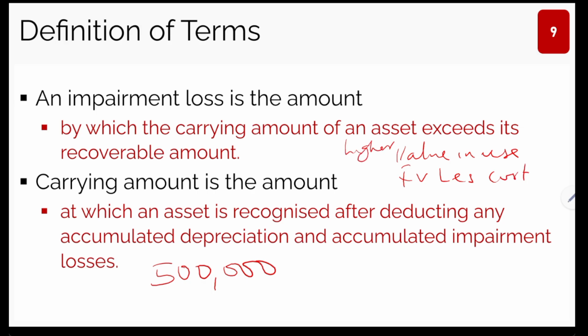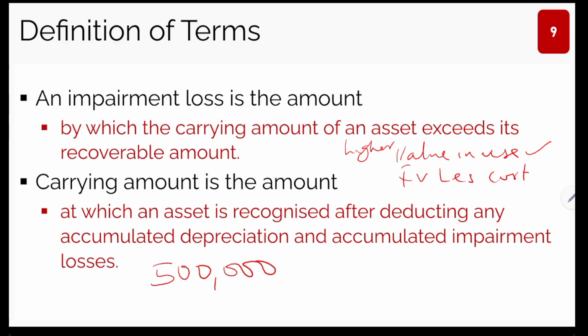Value in use talks about the future cash flows that will be generated from that asset, so you discount the present value of that future cash flow. That's the value in use. Literally, it means if I continue to use this asset, what is the value of this asset to me? And of course, the value of the asset to me will be what the asset will be bringing in to me, right?